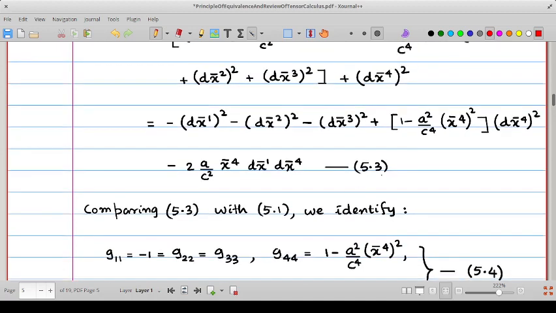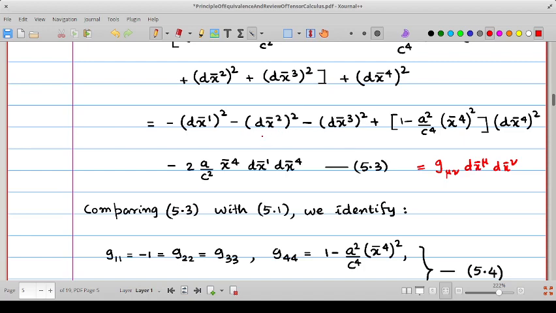But we already expect this to be of the form g mu nu dx bar mu dx bar nu. So comparing this with this, we see that there will be coefficients g11 corresponding to dx bar 1 square, and that is equal to minus 1.